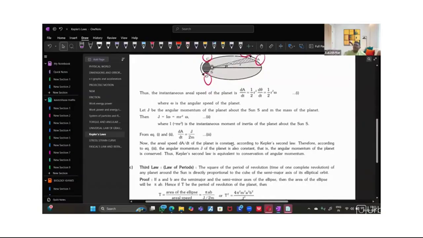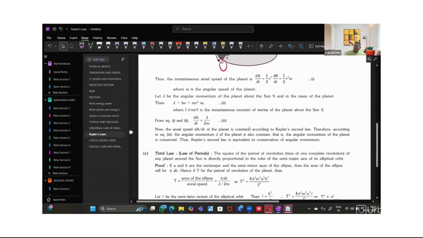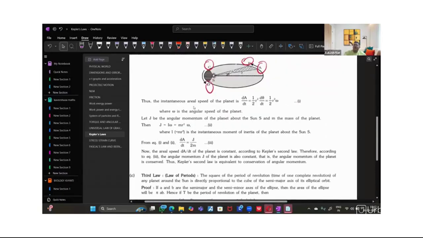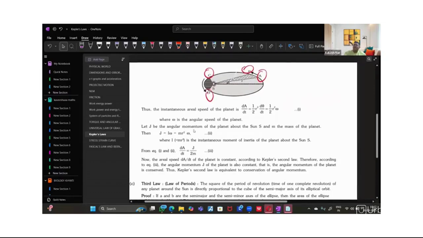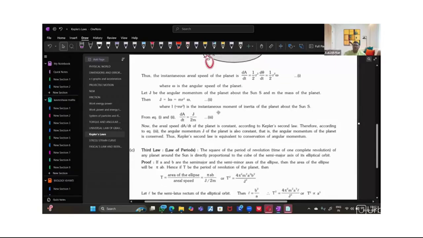Let J be the angular momentum of the planet about the sun S, and m be the mass of the planet. J is equal to I times omega. Angular momentum is the moment of inertia into the angular velocity, which is m r square times omega.